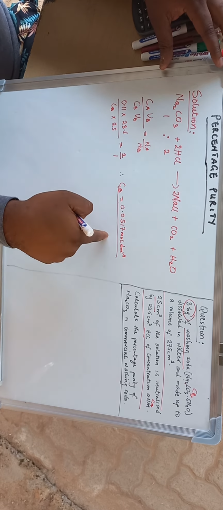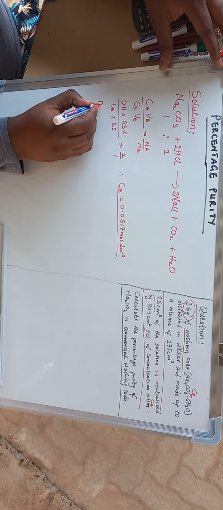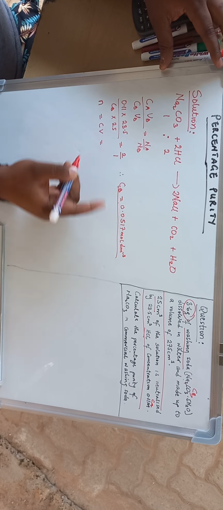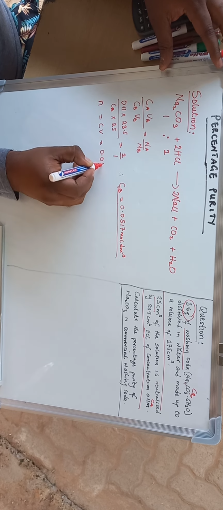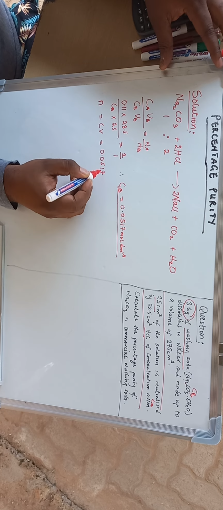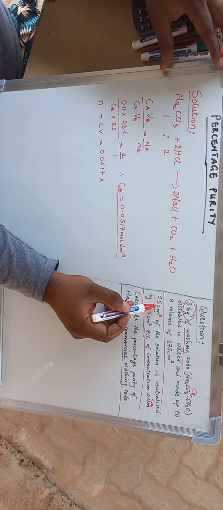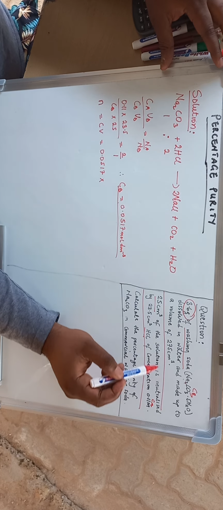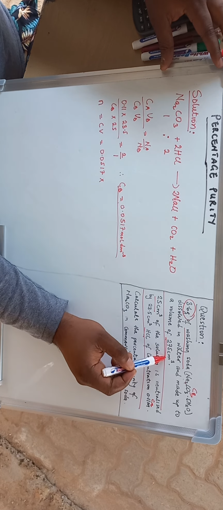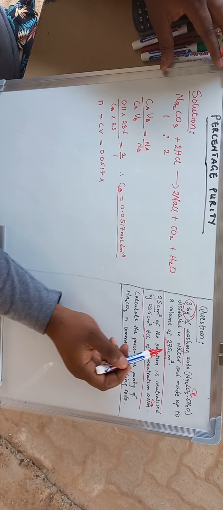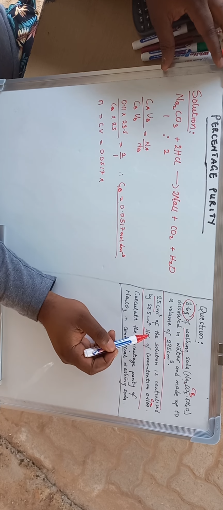From the information given to us, we know that the number of moles is equal to CV. I have 0.0517 and I multiply it by 25. Remember, the volume there is 25. Remember the original volume, don't make that mistake here. Out of this, 25 have been taken, so don't make the mistake of using the original volume.